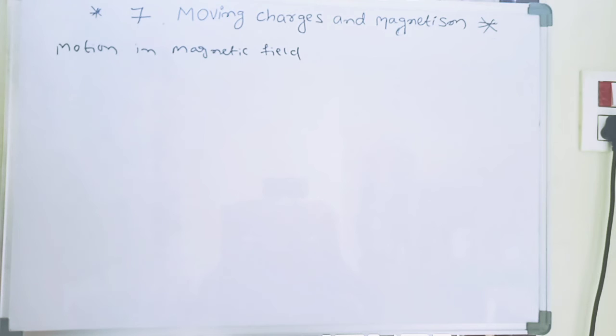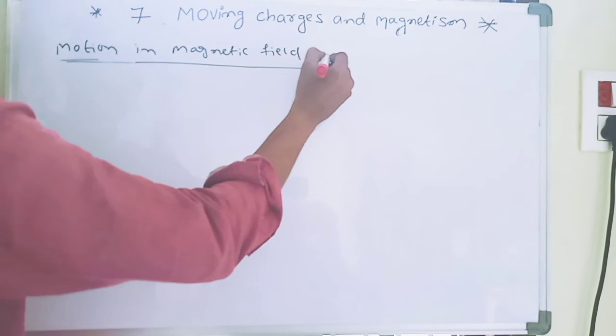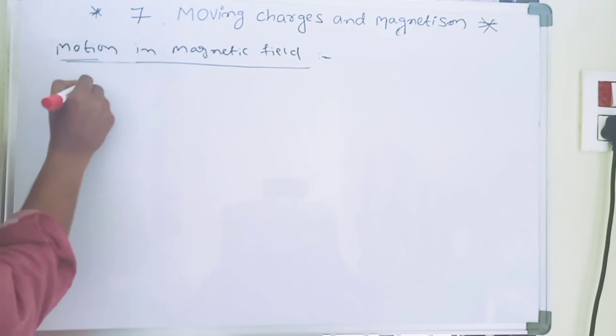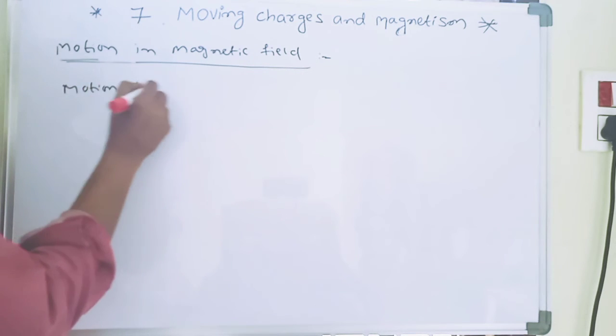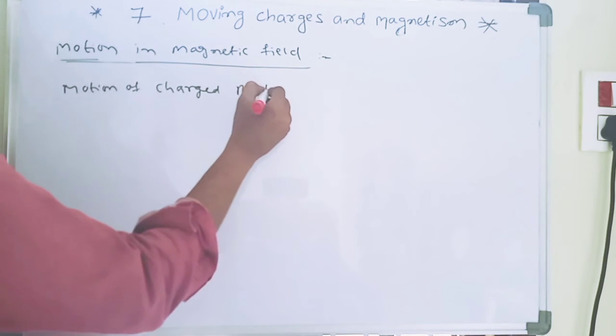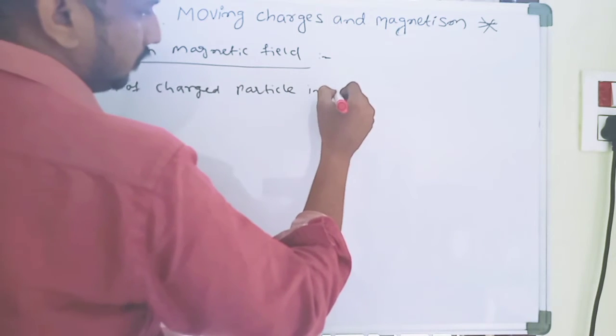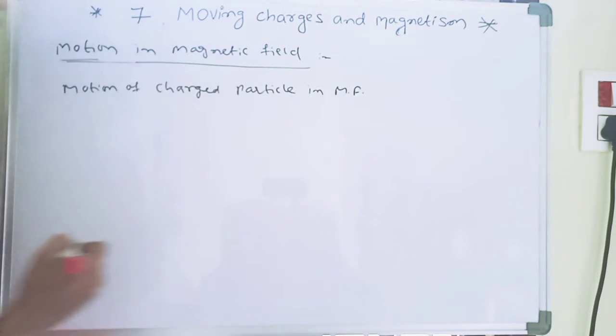Motion in magnetic field means motion of a charged particle in magnetic field.